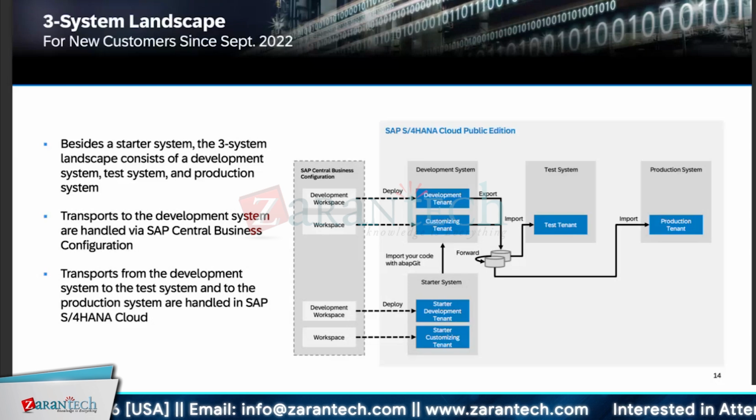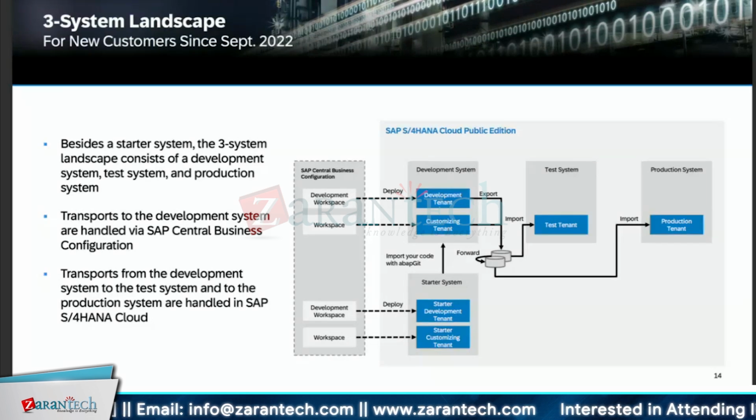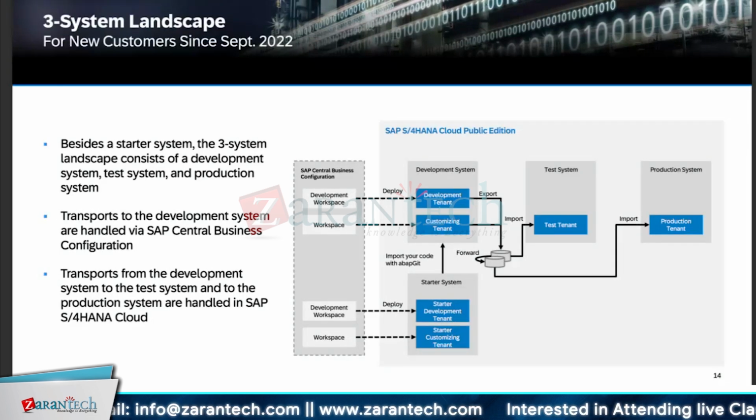It contains all the pre-configured and demo data that you can use for your evaluation purposes. Without this starter system, you won't get any dummy data or pre-configured data, so you can't do well in your development. That is what the starter system is.